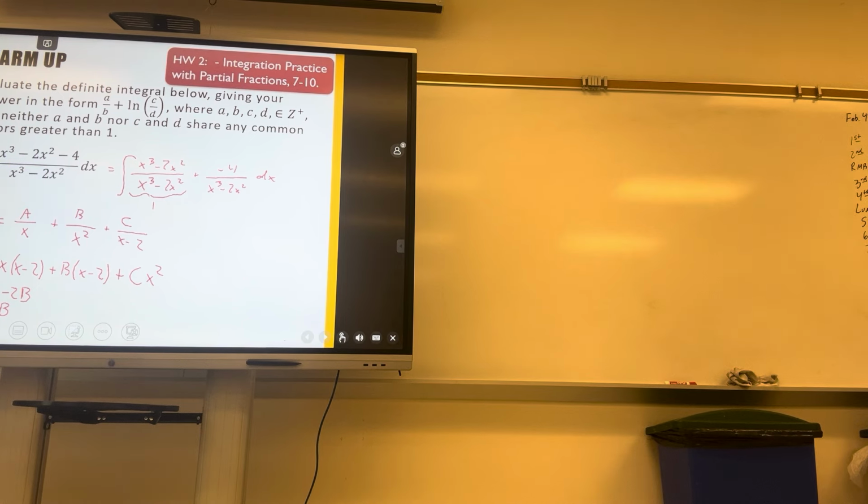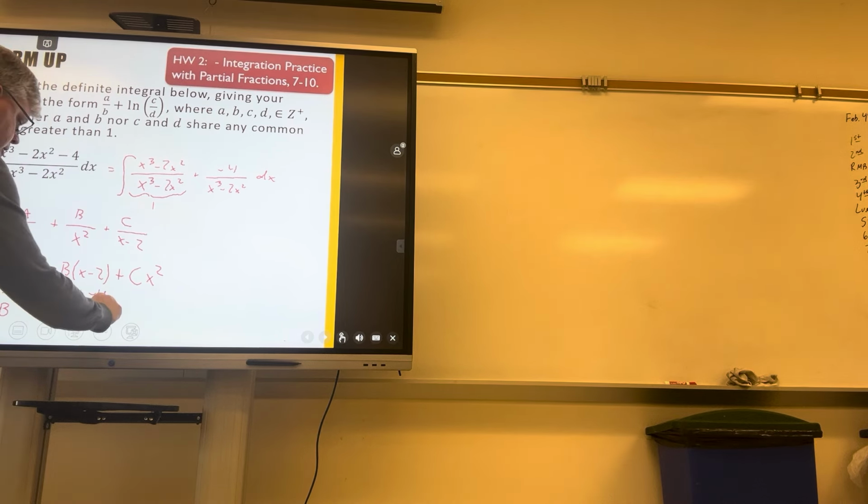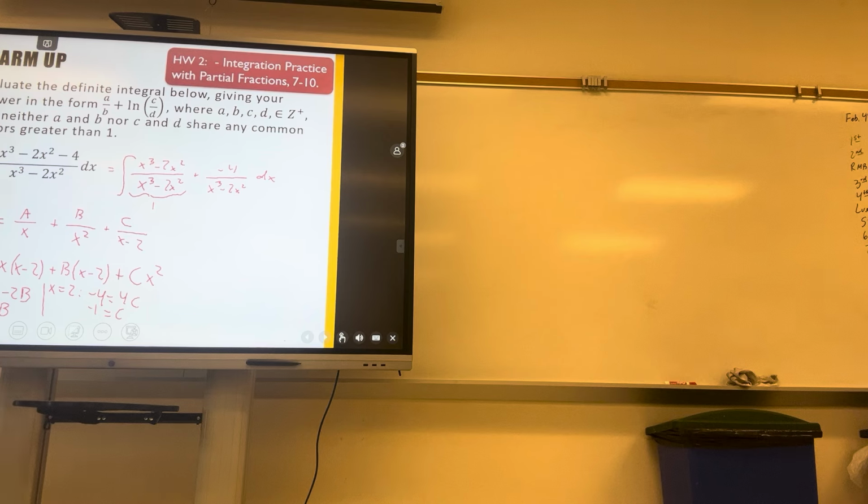Okay? What else is helpful to use for x? 2. If I use 2, which one am I going to solve for? C, so negative 4 on the left equals 4C, so C is negative 1.